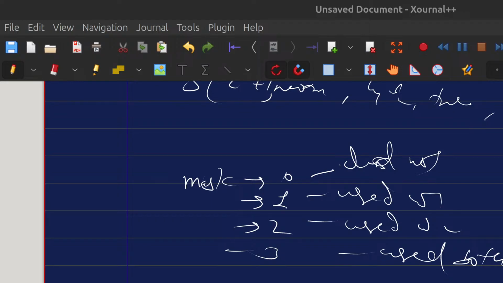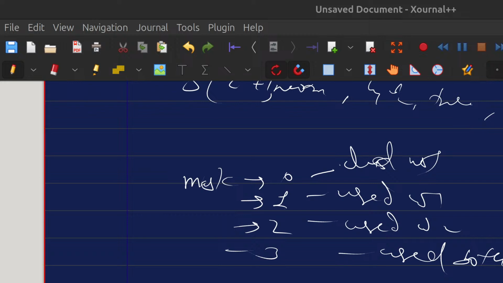So what we will do in the solve function here: if t is equal to target dot size, in that case we have to return whether mask is equal to 3.